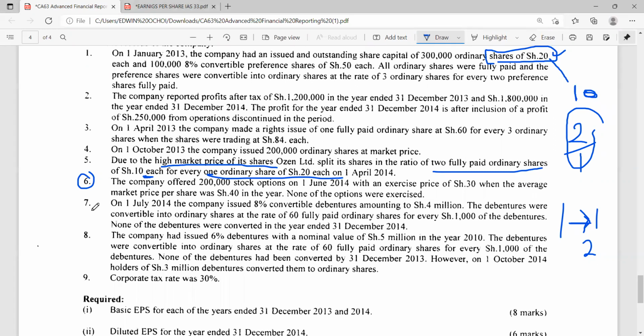So in short, the potential securities to be used in diluted include stock options, convertible debentures, bonds or loan notes, and convertible preference shares.